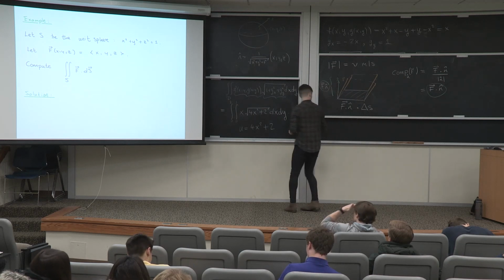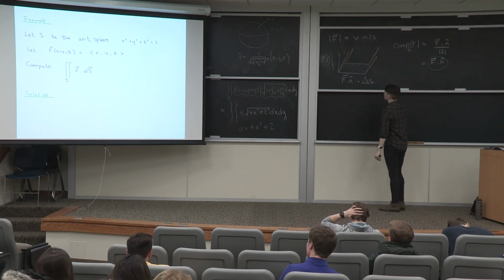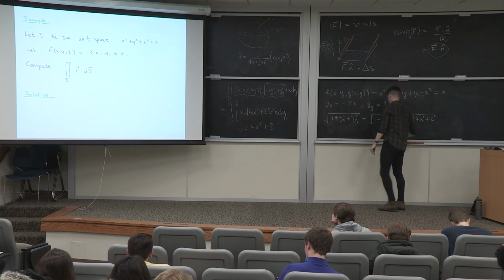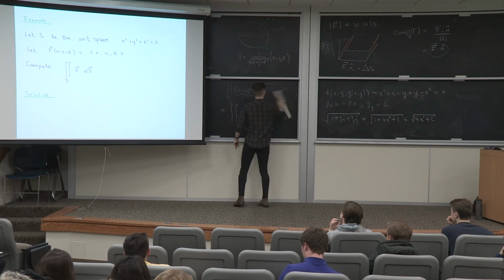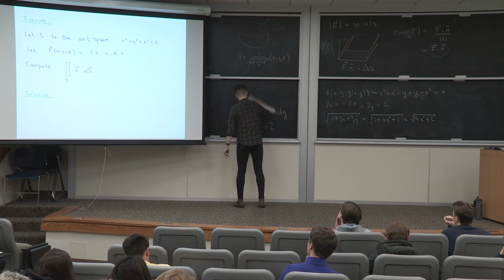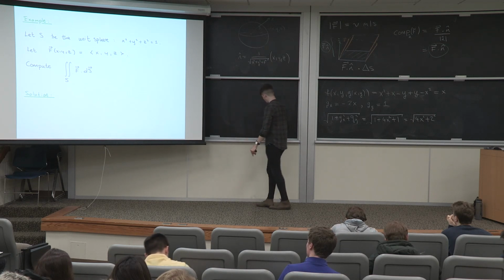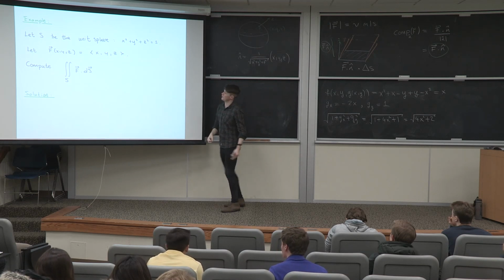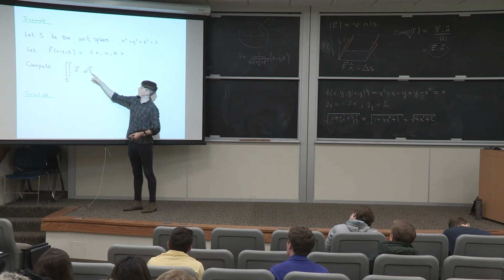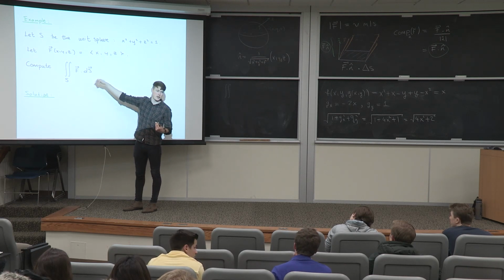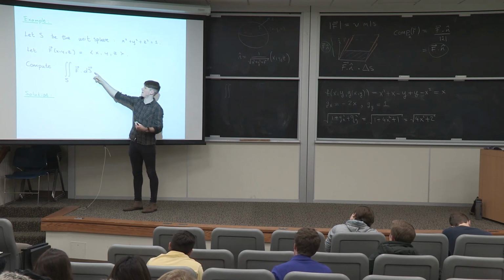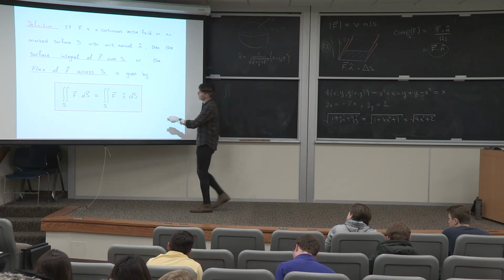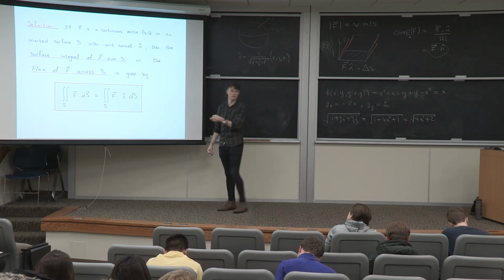Very good. Now I've introduced a piece of notation. This dS vector, which in text you might see as dS with S bold, is just n dS.